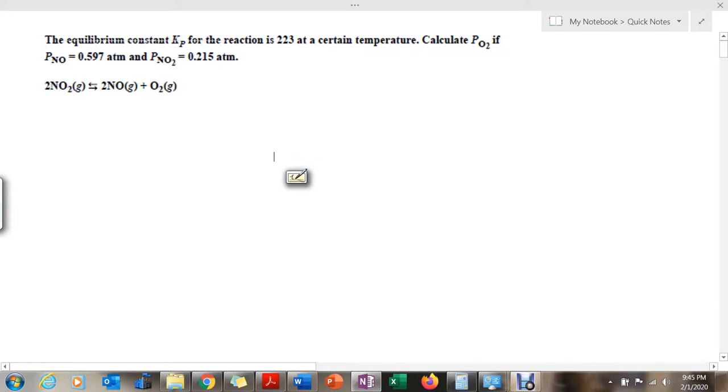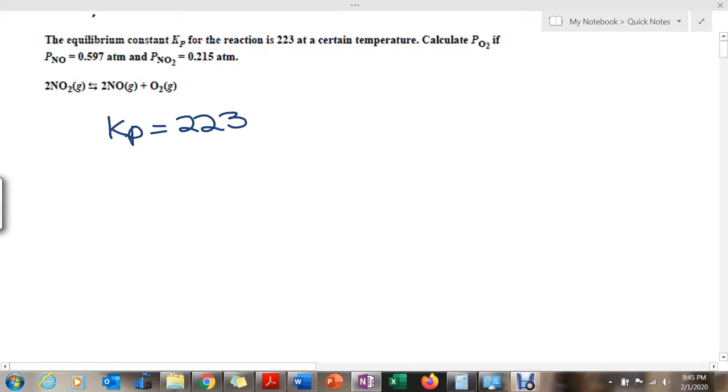So the equilibrium constant Kp, this is the first problem I'm going to solve, for the reaction is 2NO2 going to 2NO plus O2. Let's write our data: Kp is 223 at a certain temperature.